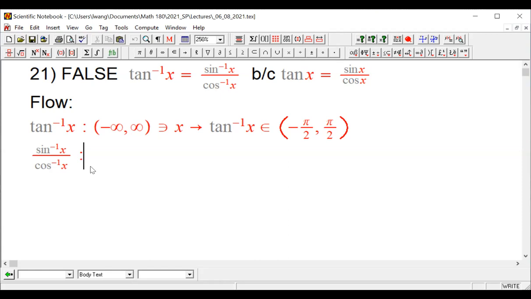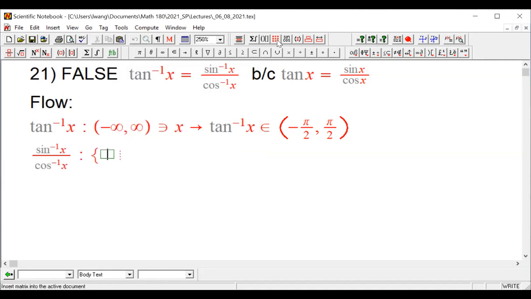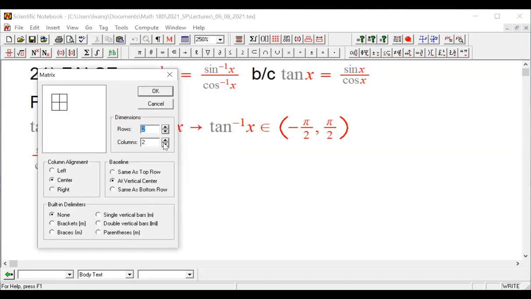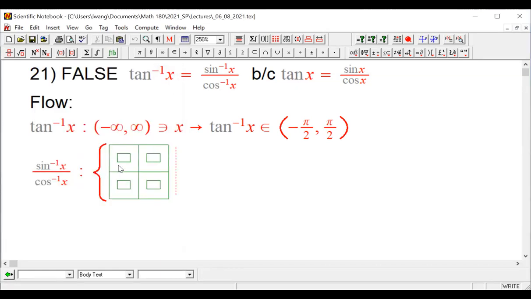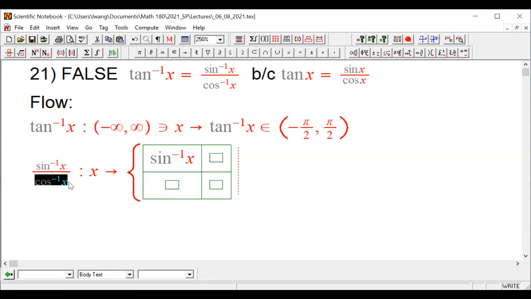For this other flow, we have to study the domain and range. You're going to have two functions operating at the same time, but we have to guarantee the denominator is not 0. So x serves as the input, sine, and then cosine works on it.